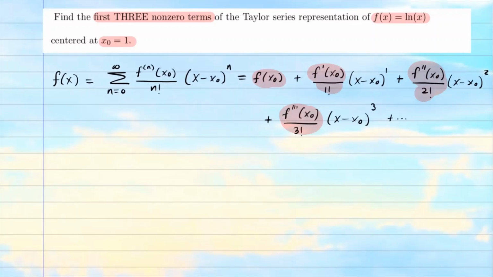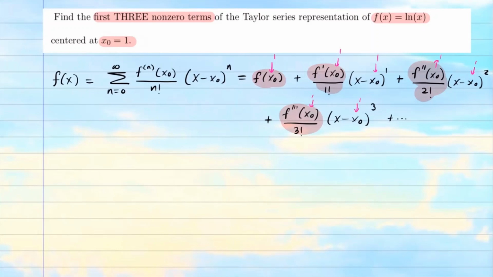Our x naught is given right here. It's going to be 1. So I am going to sub in 1 right here, 1 right here, and 1 here. All of these x naught, we're going to replace with 1 for this particular example, since it is given.